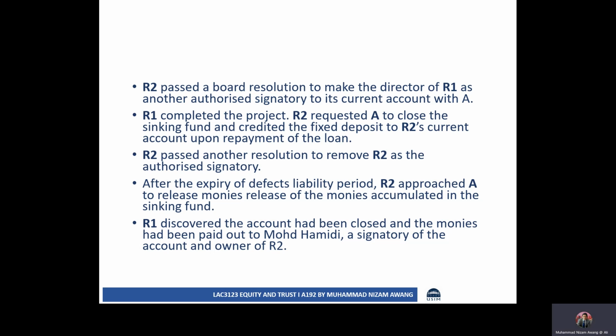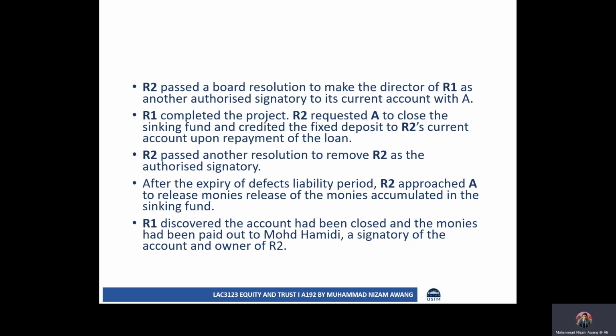Later, the first respondent discovered that the account had been closed and the monies had been paid out to Muhammad Hamidi, who was the first signatory of the account and owner of the second respondent. The first respondent was the second signatory, by the name of Amiruddin, the name of the director of the first respondent.